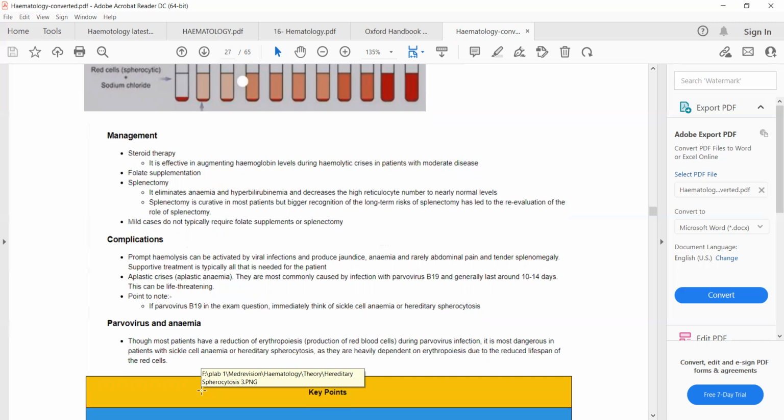But if parvovirus infection occurs, it will suppress the bone marrow and the bone marrow will not be able to produce RBCs. So hemolytic anemia with no reticulocytosis will be a diagnosis of aplastic crisis.